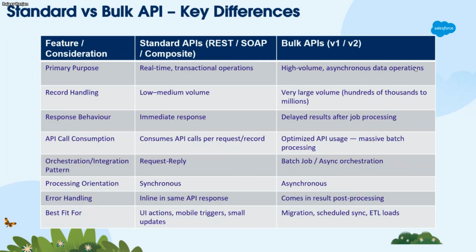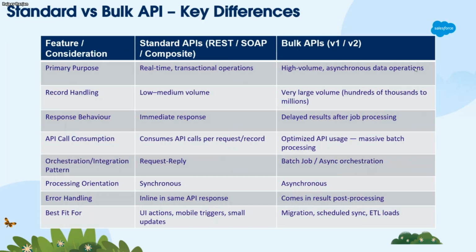From the record handling perspective, meaning volumes, standard is good for low to medium volume, but if you have very large volumes, we should go for the bulk API. We should also think about response behavior, whether you need an immediate response or can wait. These are some features on which you can decide.